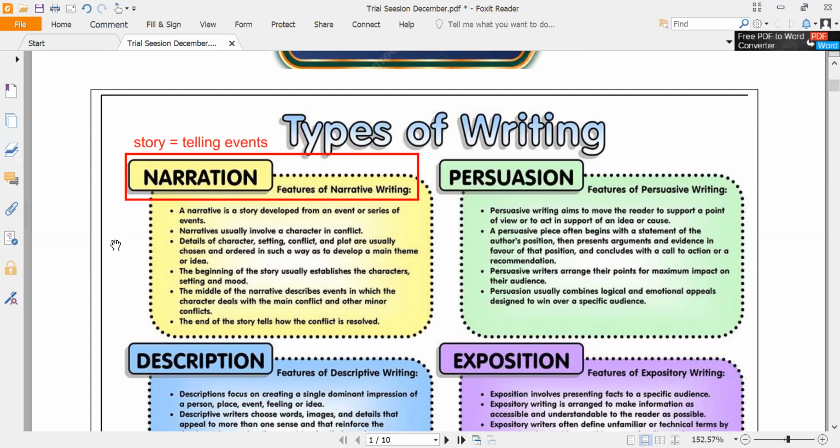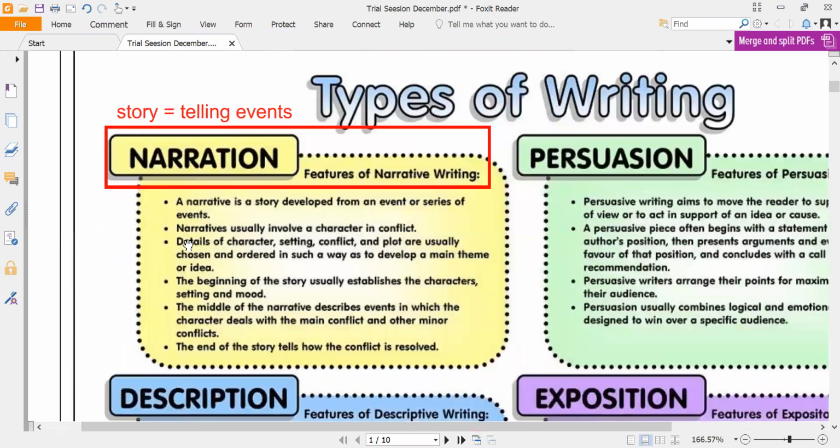The beginning of the story usually establishes the characters, setting, and mood. The middle of the narrative describes events in which the character deals with the main conflict and other minor conflicts.